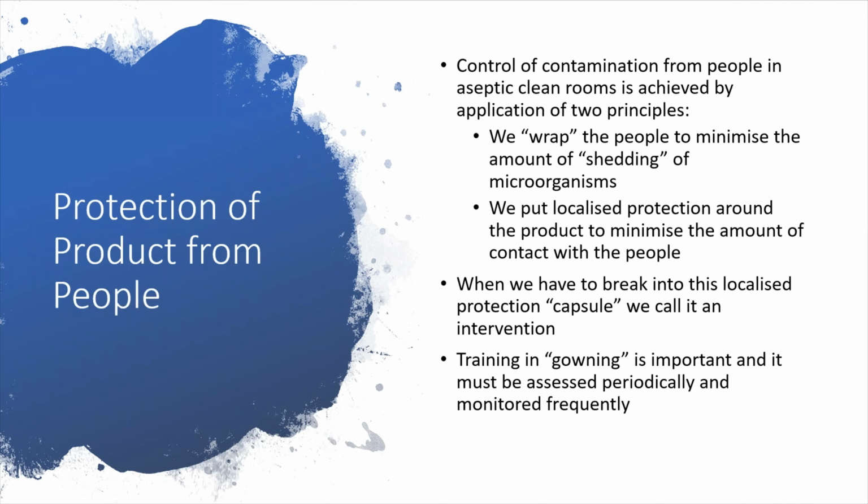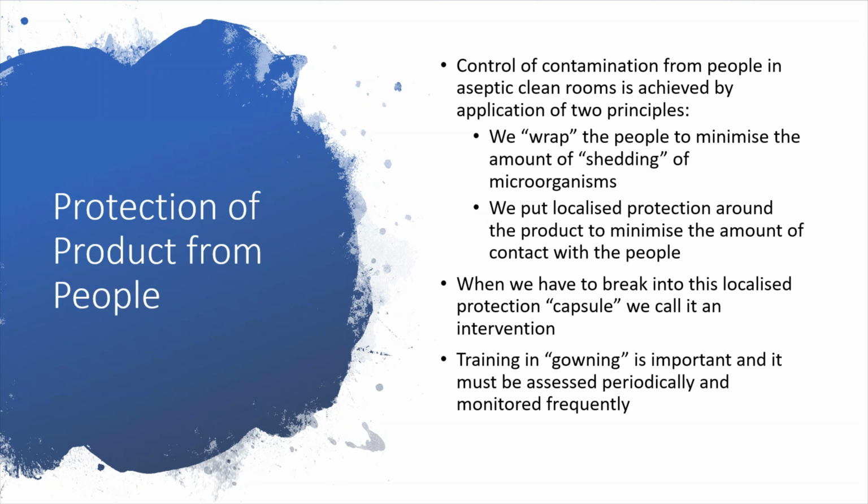So we need to control contamination from people in cleanroom facilities, and this is by the application of two fairly straightforward principles. We wrap people to minimise the amount of shedding of microorganisms, and we put in place localised protection around product to minimise the amount of contact with people.